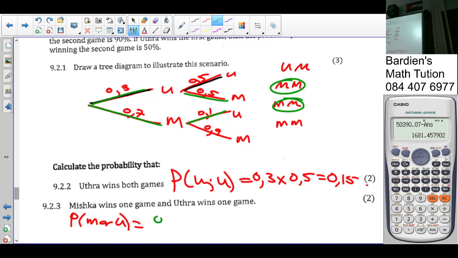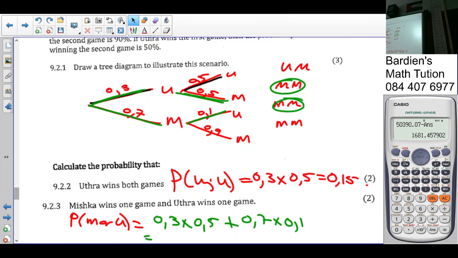So that would give you 0.3 times 0.5. That is Udra Mishka. Mishka Udra is 0.7 times 0.1. So plug that in the calculator. 0.3 times 0.5 plus 0.7 times 0.1. That's 11 over 50, which is 0.22, or 22%. Make sense?